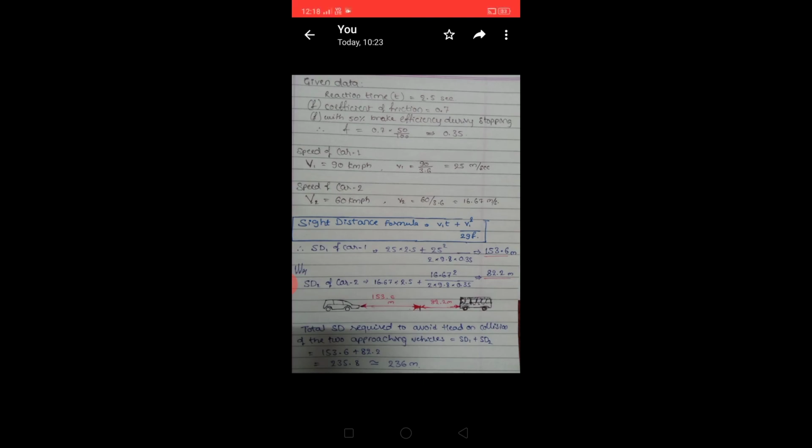The total sight distance required to avoid the head-on collision of two approaching vehicles is 153.6 plus 82.2, approximately 236 meters. This is the safe distance. A minimum of 236 meters will avoid a head-on collision of these two vehicles coming at 90 kmph and 60 kmph.